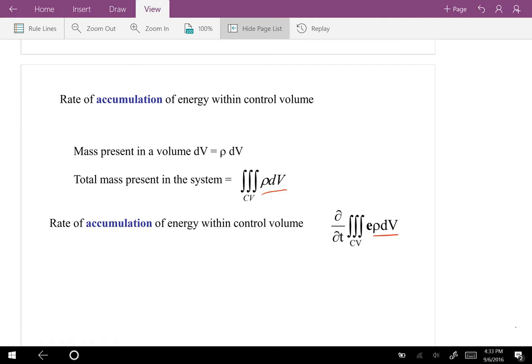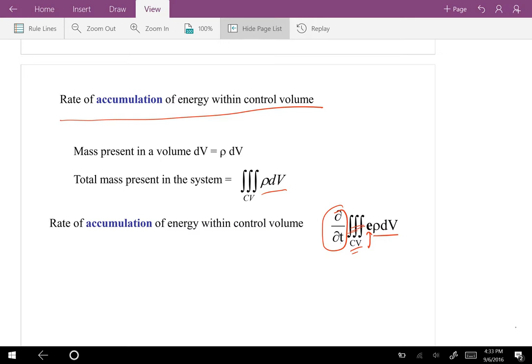Now mass times energy per unit mass gives you the energy present in that small volume dV, integrated over the full control volume, and how that is changing with time gives you the rate of accumulation of energy within the control volume, right? That's why you have three integrals, because it's volume now.